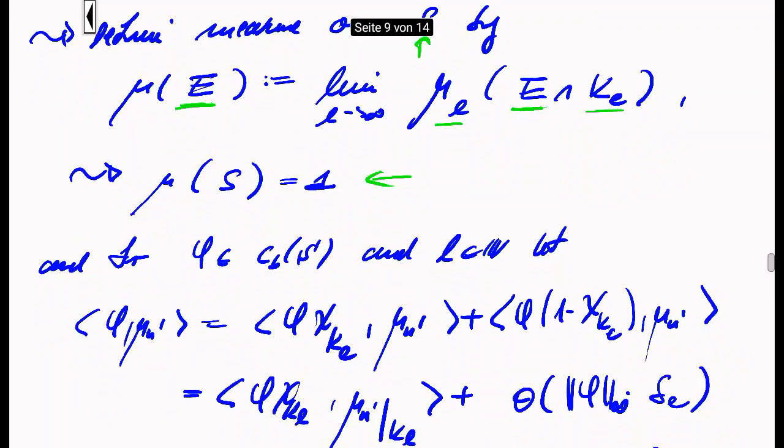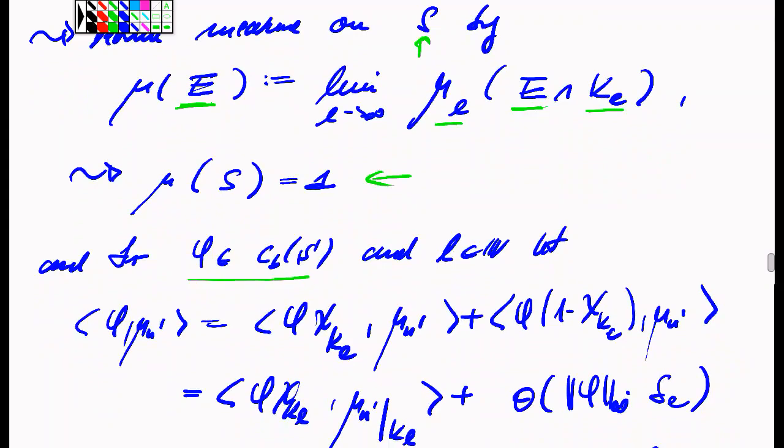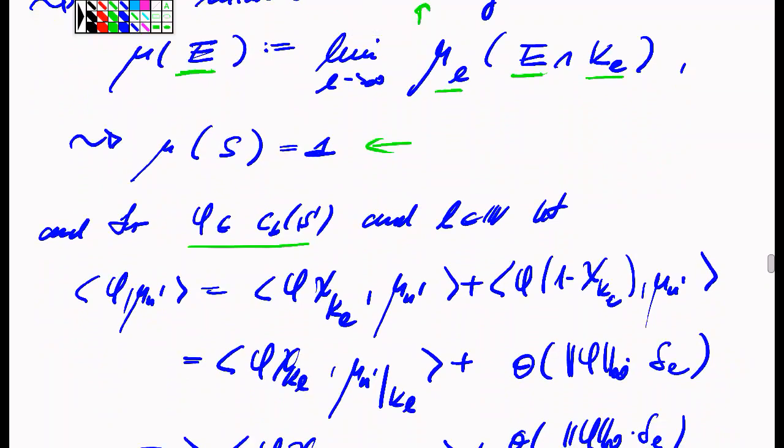Okay, and now we want to convince ourselves that we actually do have weak convergence, so let phi be an arbitrary bounded continuous function. And for L in the integers, we want to make a localization argument in order to convince ourselves that we have convergence for these integrals.